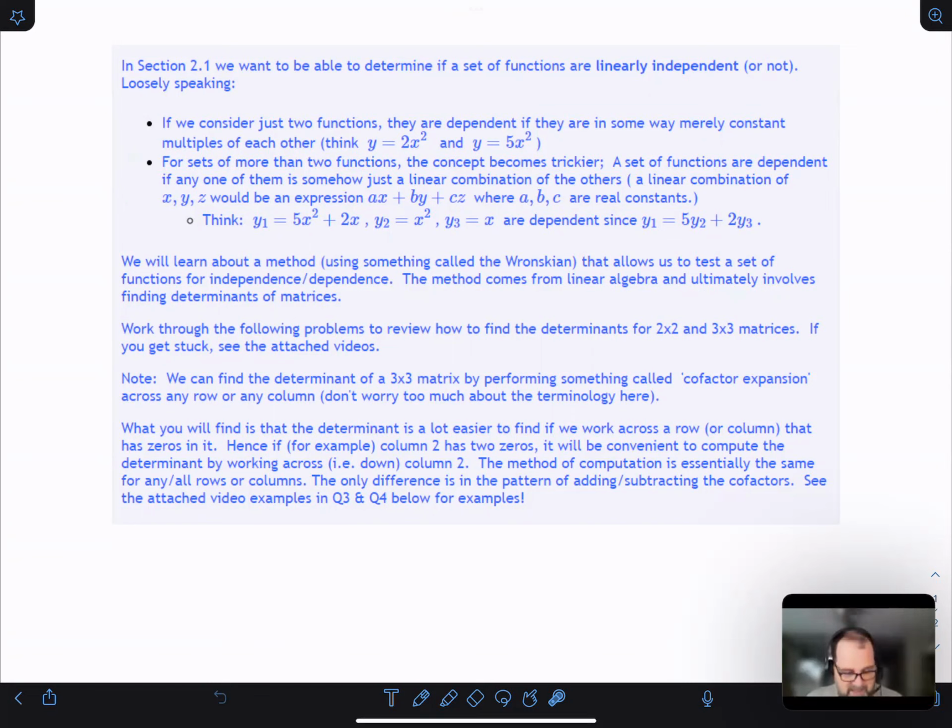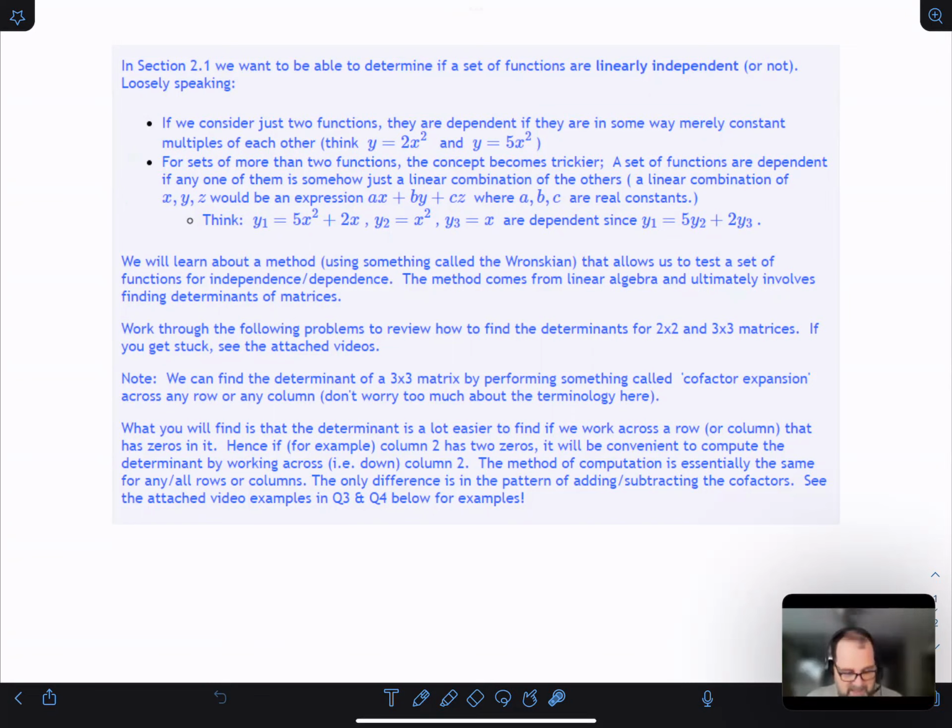So what I need us to look at here is how do you find the determinant of matrices? Generally, we will only need 2x2 and 3x3 matrices. So let's take a look here.